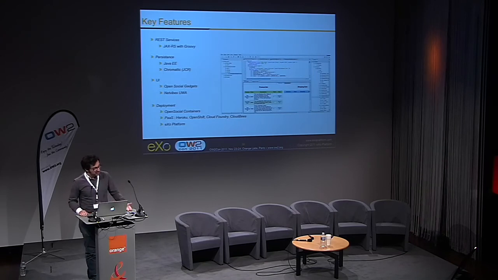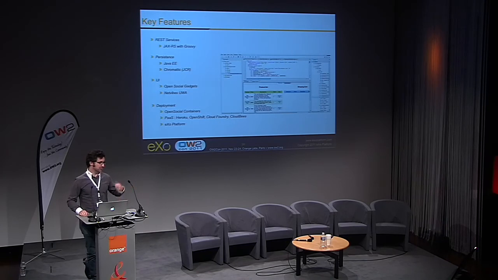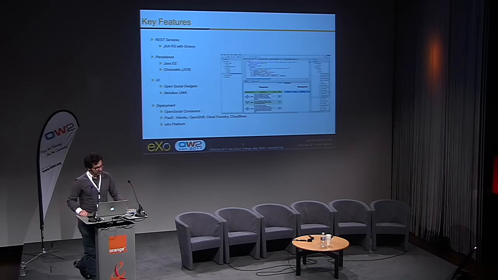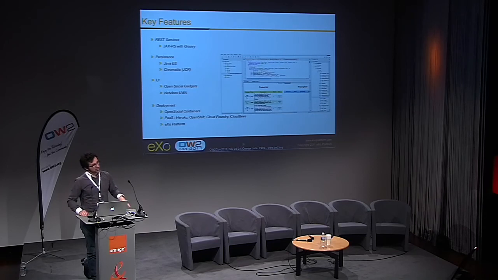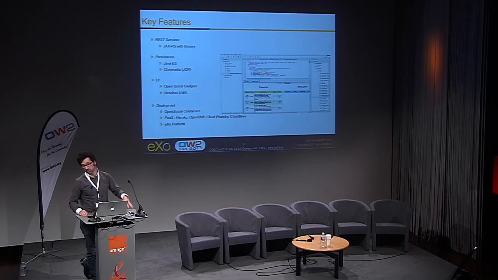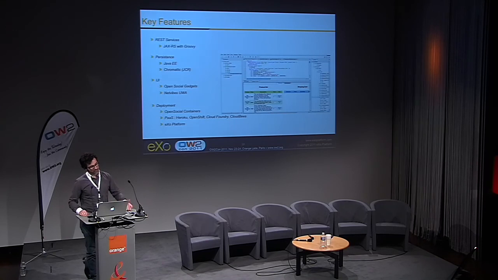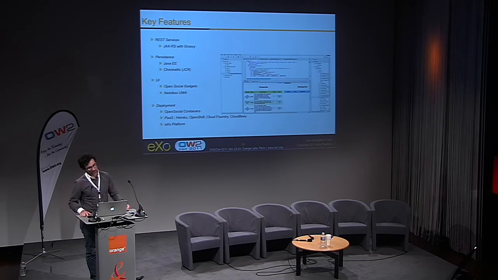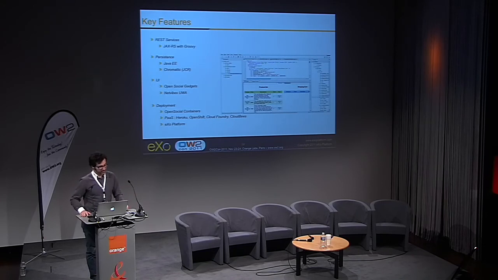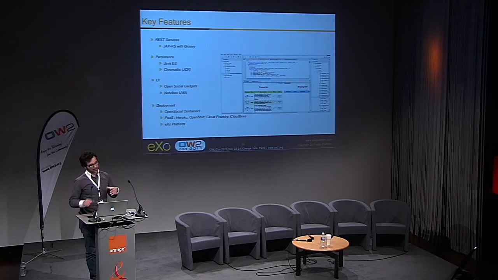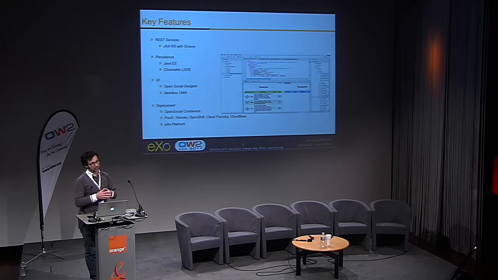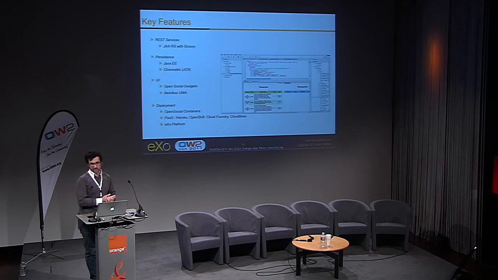Inside the persistence, you can use Java EE, so JDBC and the JPA API, but we have also implemented, on top of the Java Content Repository API, the standard API to manage content in Java, Chromattic, which is the equivalent of what JPA or Hibernate annotations are to relational database mapping. In the UI, you will be able to build OpenSocial gadgets or the Netvibes Universal Widget API.